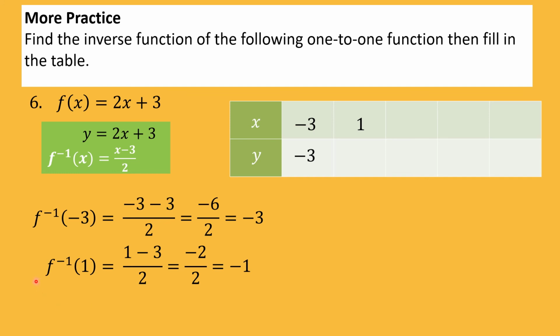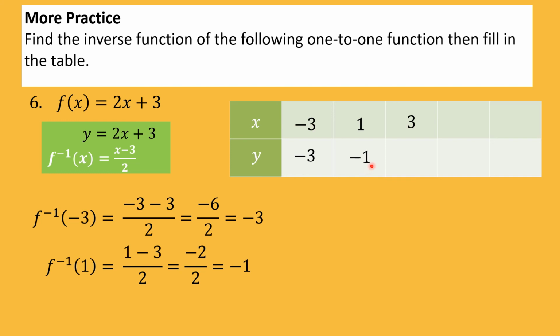So, f inverse of x, which is 1, is equal to 1 minus 3 all over 2. So, 1 minus 3, unlike sign, subtract natin. 1 minus 3 is 2. Copy the sign of the bigger number, which is 3, so negative 2 all over 2. Negative 2 divided by 2 is negative 1. So, yan ang sagot natin ngayon dito sa ating y.